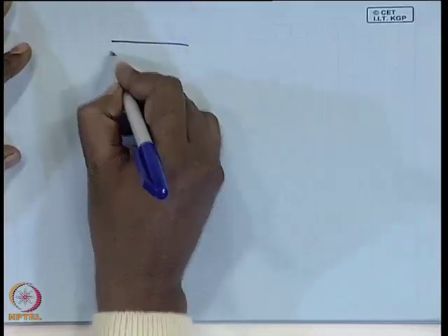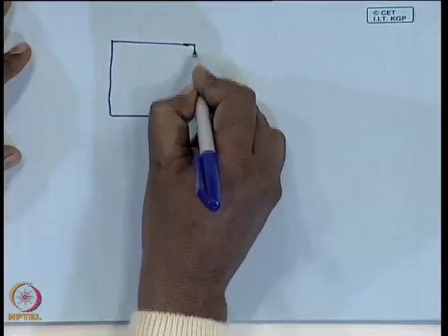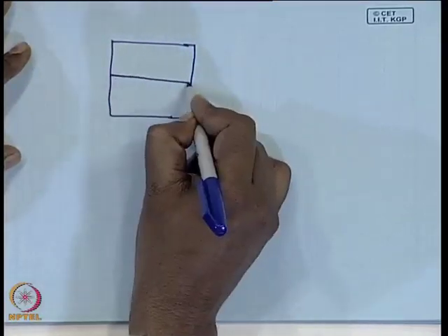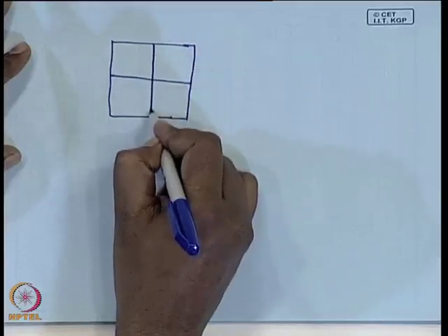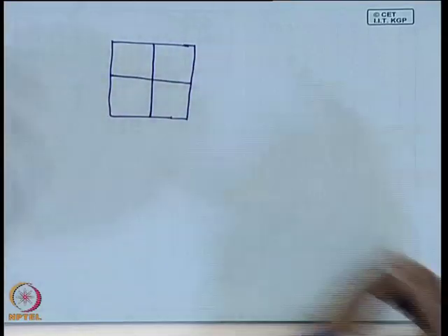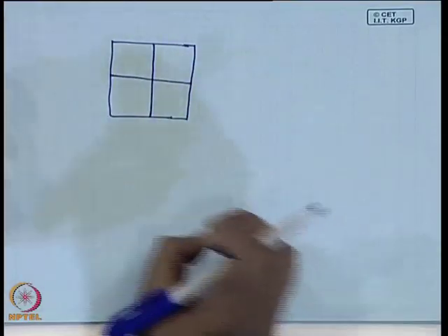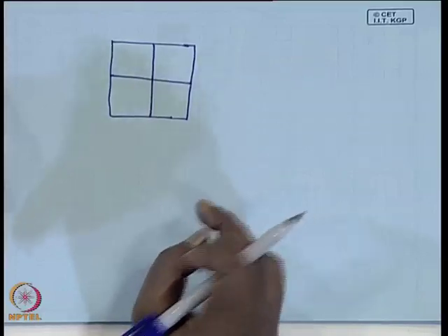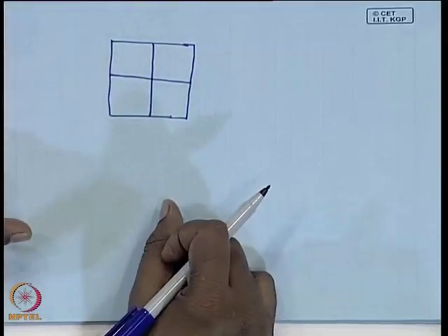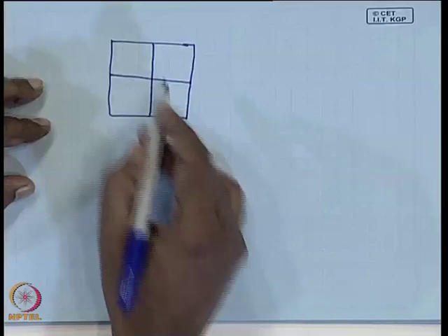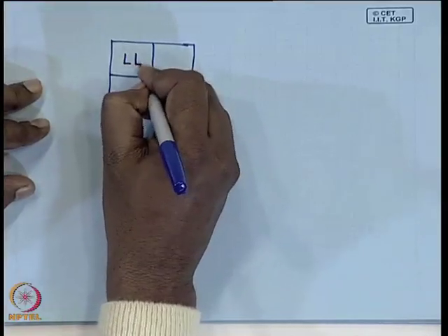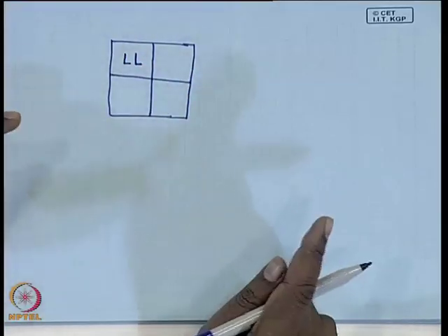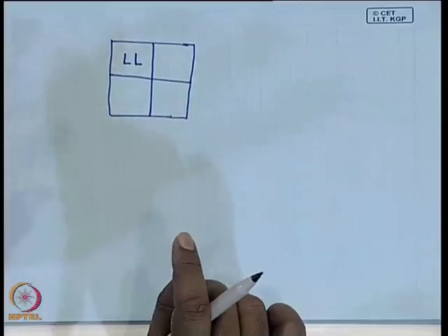And if I put all these different subbands in this form, because every time I decompose by using subsampling I reduce the image size by 4, half in the horizontal direction and half in the vertical direction. Over here I put the subband which is low pass filtered horizontally and low pass filtered vertically.